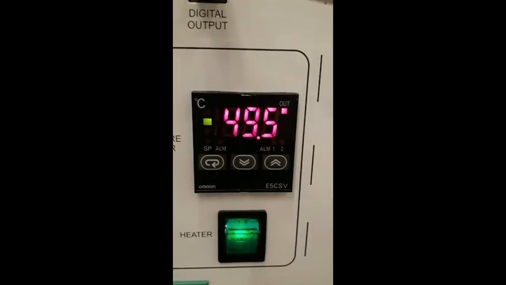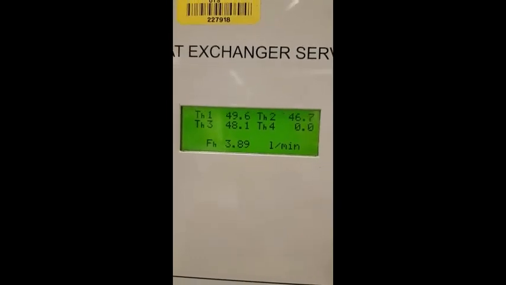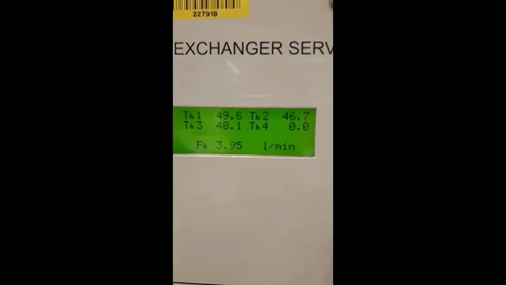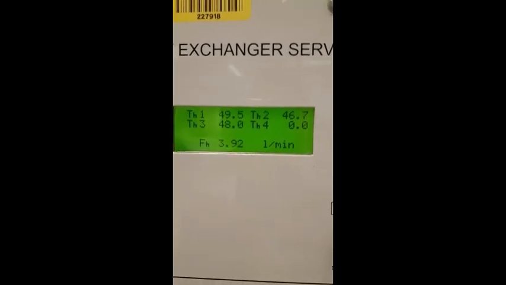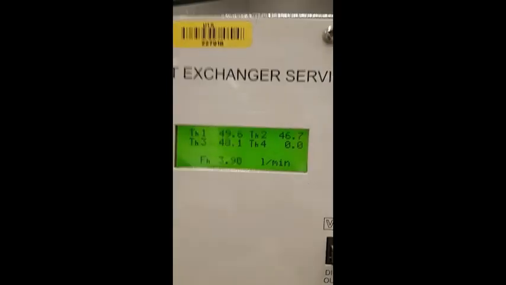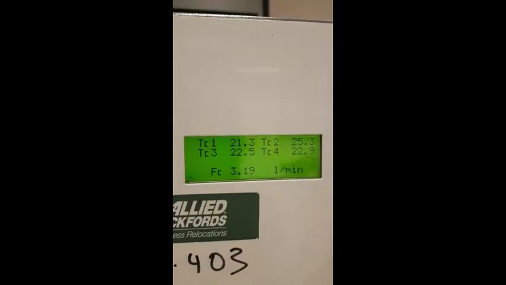So we can take data now. This hot data we can take, and cooling data we can take.